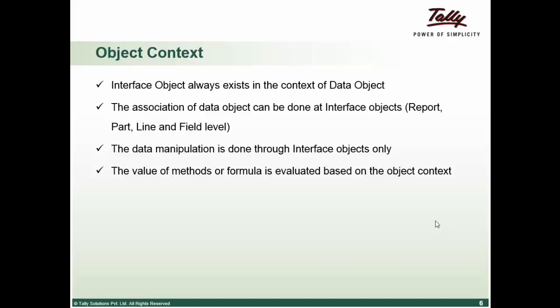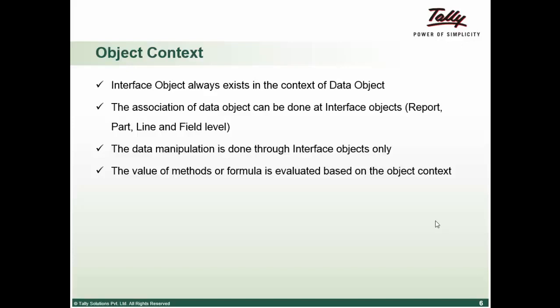An interface object either retrieves information from the data object or stores information onto the data object. Hence, any manipulation of the data has to be done through the interface only. Whether it is adding, deleting or viewing, any kind of manipulation of the data objects will be done only through interface objects.